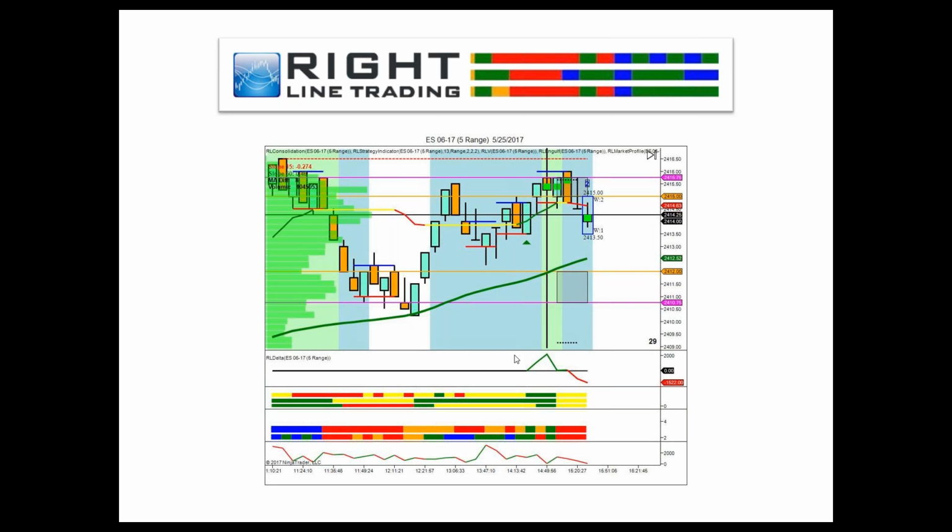Now, the only thing that I really want you to look at here is our right line delta. You can see when the line is green, it means there's more traders looking to buy than looking to sell. And when the line is red, there are more traders looking to sell than they're looking to buy. Now, we don't store this data, and NinjaTrader doesn't store this data.